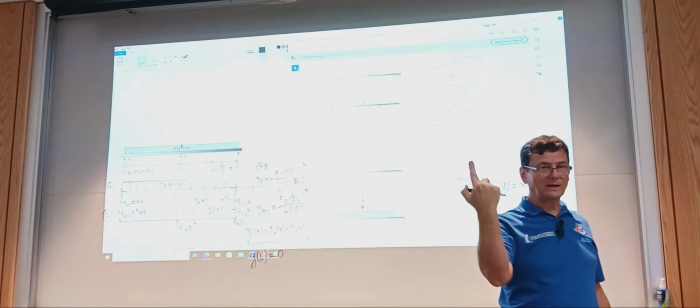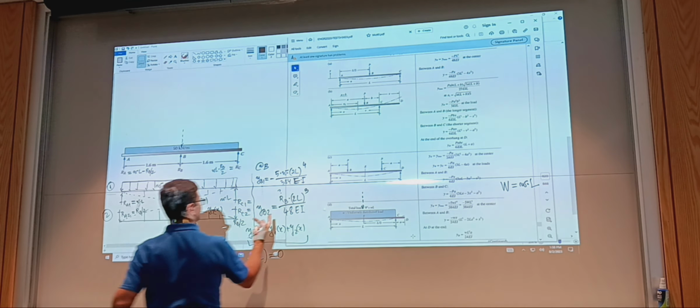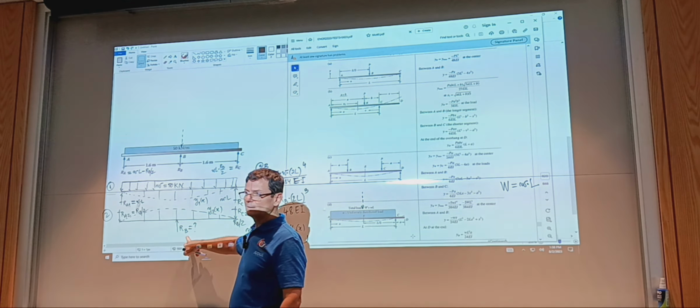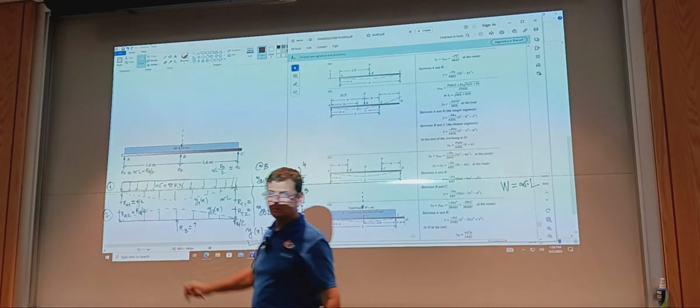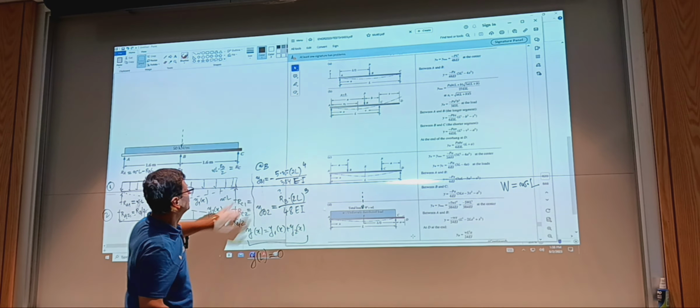That makes the deflection at the middle, when I combine the two effects, 0. So this is how I got RB. Does it make sense? Again, you assume the statically determinate case, and then you in principle superimpose a force from below, and you increase it until this deflection goes to 0. This is what we capture with these two equations.